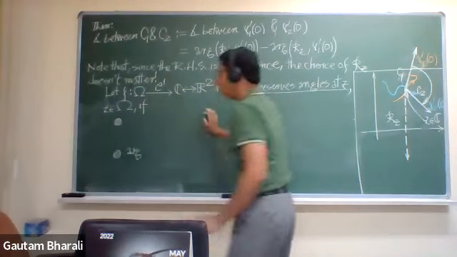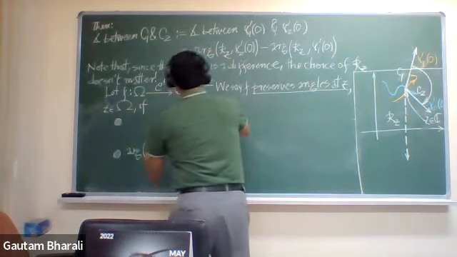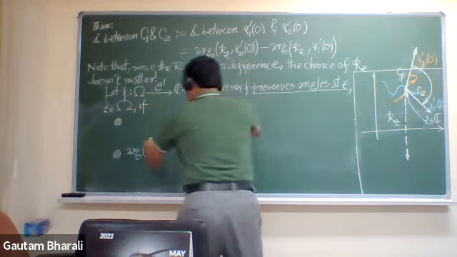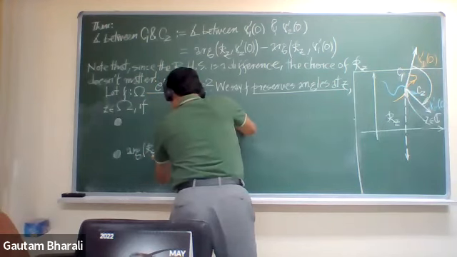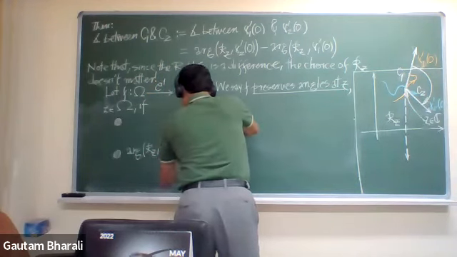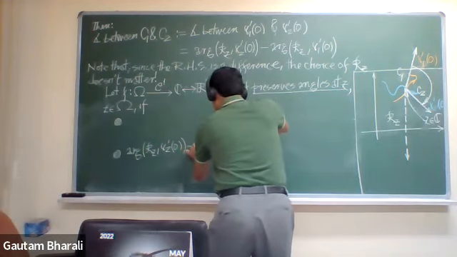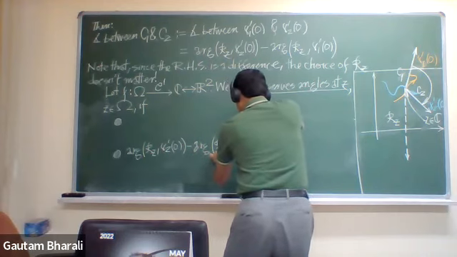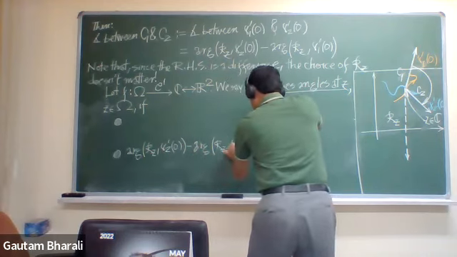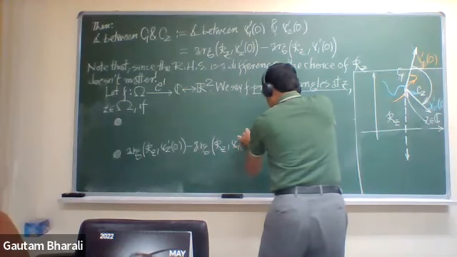So we basically want the difference between the argument relative to r sub z of gamma 2 prime at 0, minus the argument relative to r sub z of gamma 1 prime at 0.